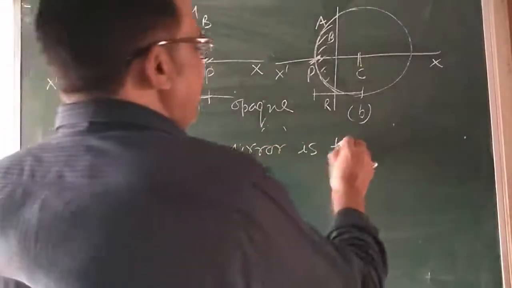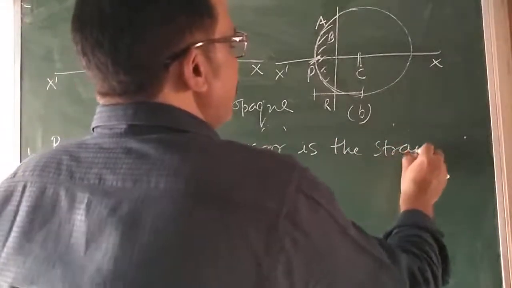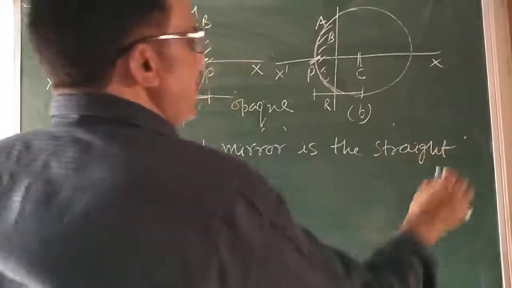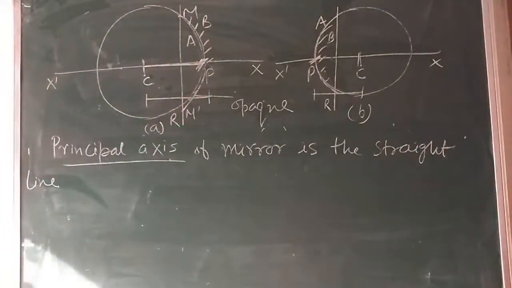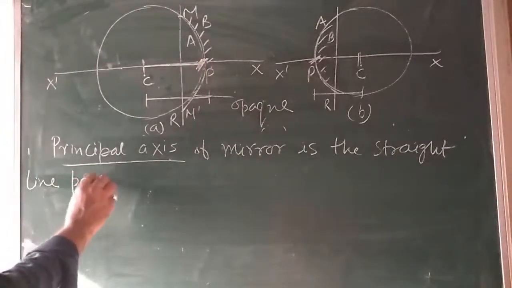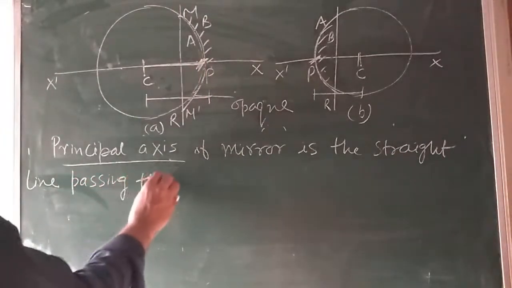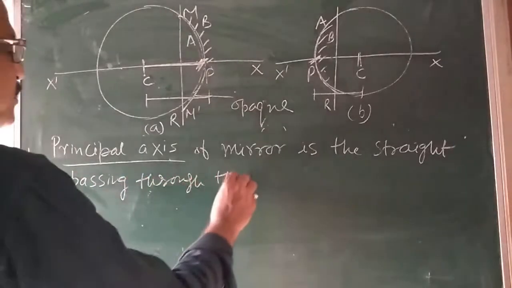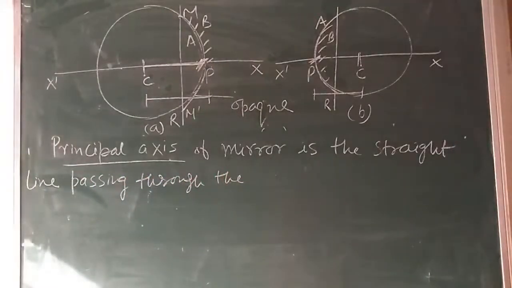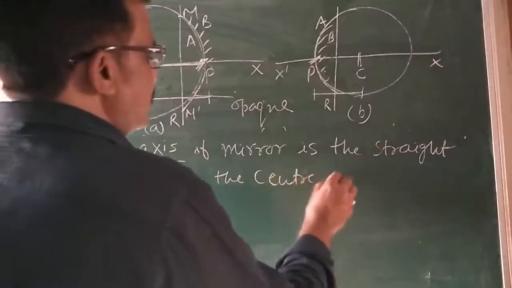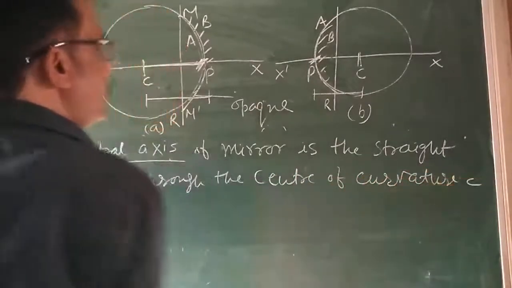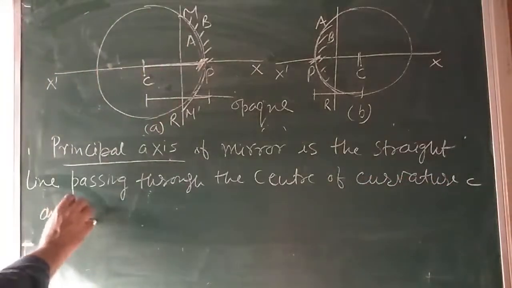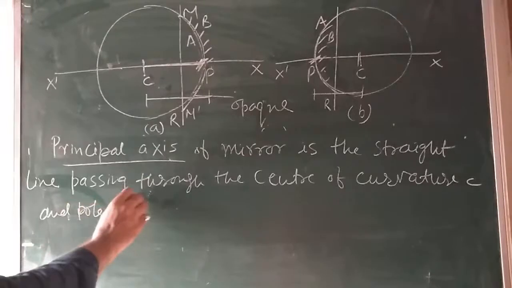The principal axis of a mirror is a straight line passing through the center of curvature C and pole P of a mirror.